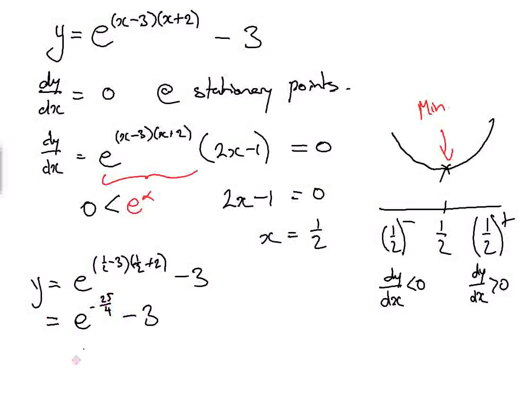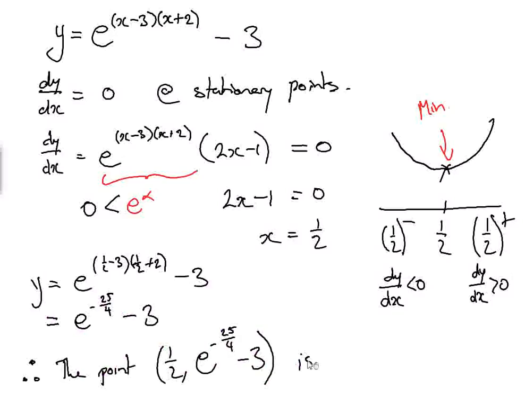So we can therefore say the point a half, e to the negative 25 over 4 minus 3 is a minimum. And we have finished.